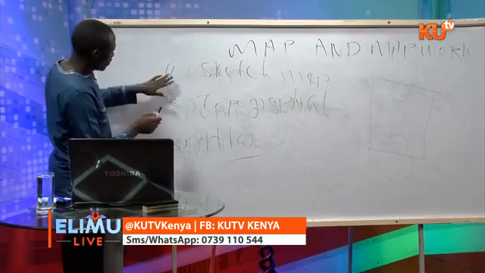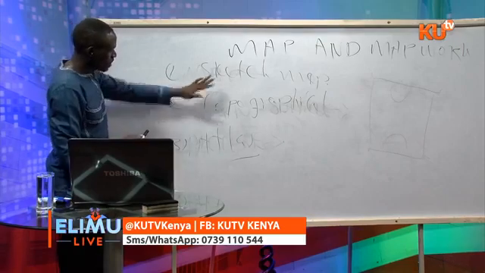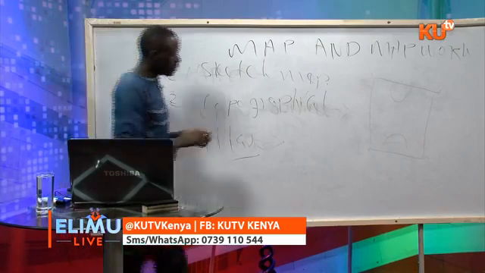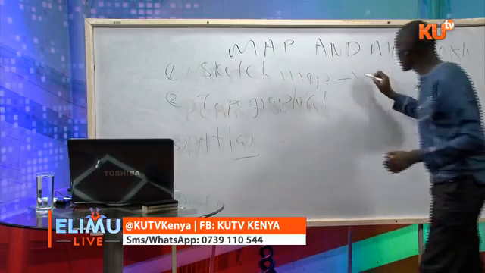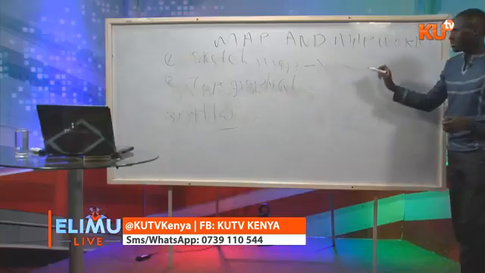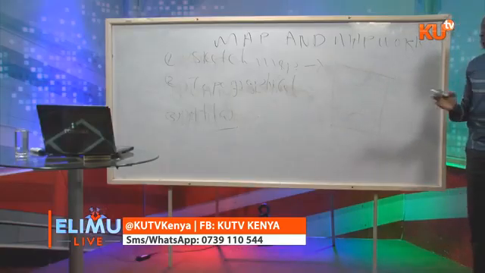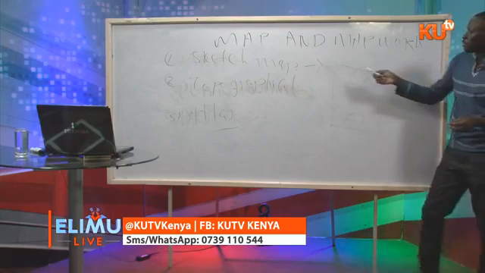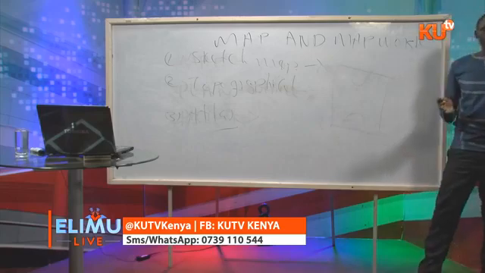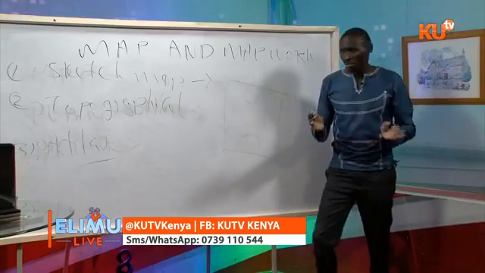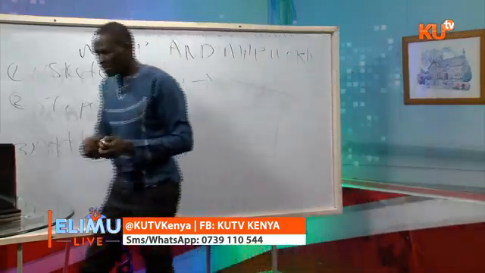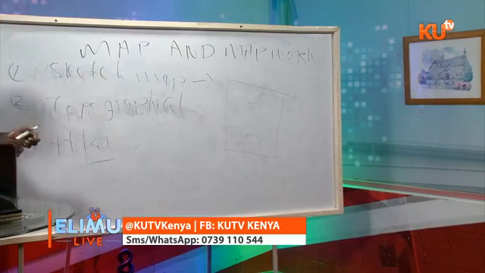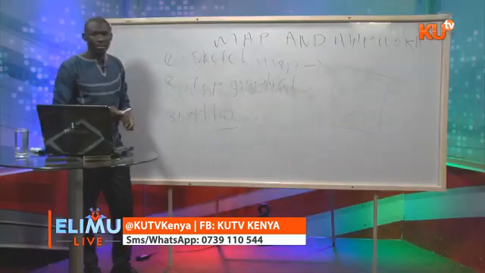Now, when we look at number one, the sketch map, these are maps that are drawn without a scale. They are not drawn to a scale, meaning they are used simply to show the areas of interest, and that's why we call them sketch maps.